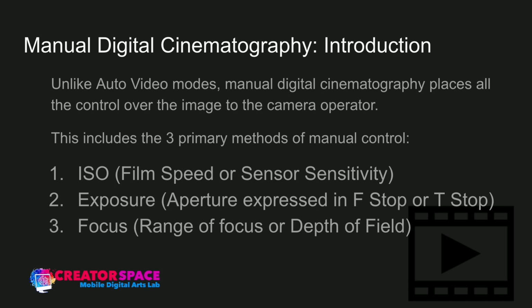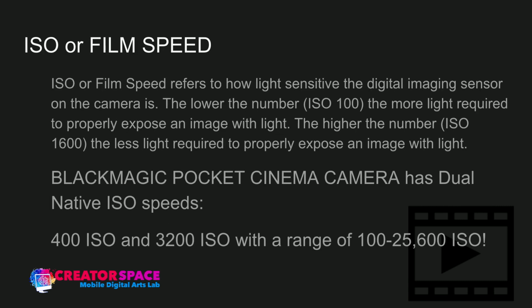Okay, the next thing. ISO, or film speed, refers to the light sensitivity of the digital imaging sensor. The lower the number, for example ISO 100, which is the Blackmagic cinema camera's minimum, the more light is required to properly expose an image.